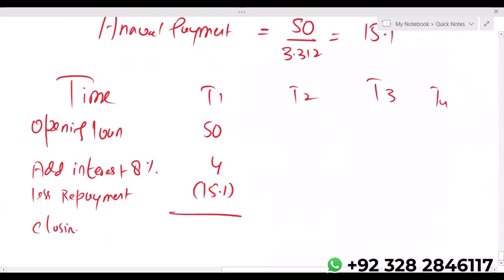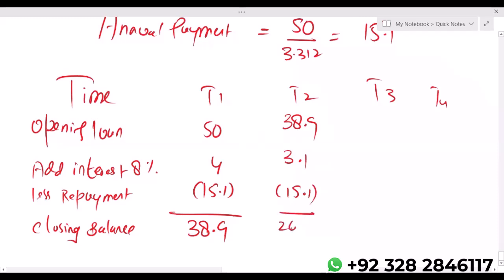Your closing balance is 38.9. Closing balance of T1 becomes opening balance of T2. Now we have to apply 8% on 38.9. It becomes 3.1, less 15.1. I'm getting 26.9.